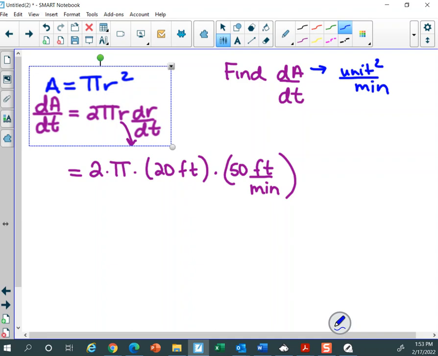So I would expect my dA/dt to be in some kind of square units per minute. And if I put this together, just kind of leave the pi in there, 20 times the 50 times the 2, this is going to be 2,000 pi square feet, or feet squared per minute.